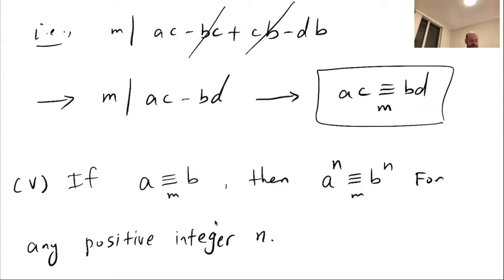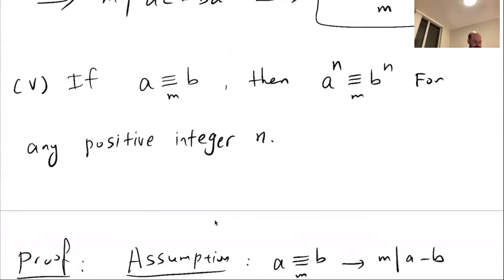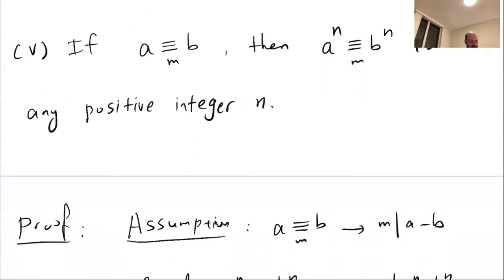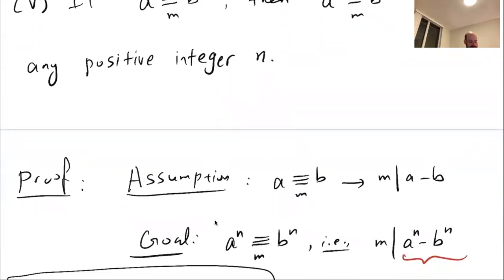Okay, so let's see how we can prove this. Again, I wrote down the assumption here. We have only one assumption, and that is A is congruent to B mod M, which means M divides A minus B. And what is my goal? My goal is to show A to the power n is congruent to B to the power n, which means we want to show that M divides A to the power n minus B to the power n.